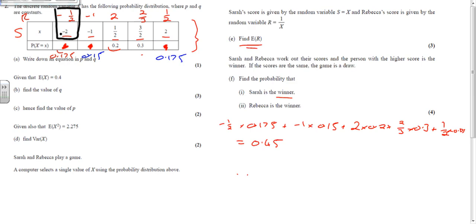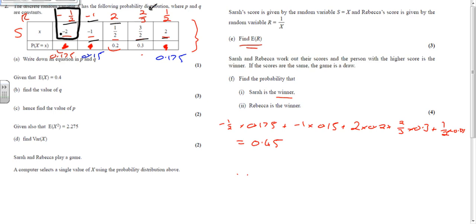So in this case, Rebecca would be the winner. In this case, it would be a draw. If we have a look here, Rebecca would be the winner if the computer picked out a half, because Sarah would get a half and Rebecca would get 2. If the computer picks out 3 over 2, Sarah gets 3 over 2, but Rebecca only gets 2 over 3.